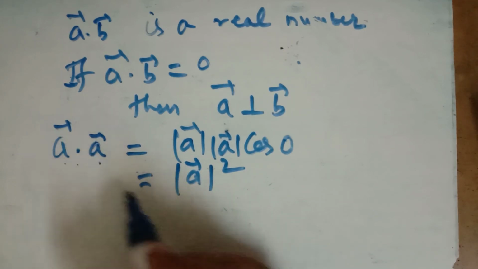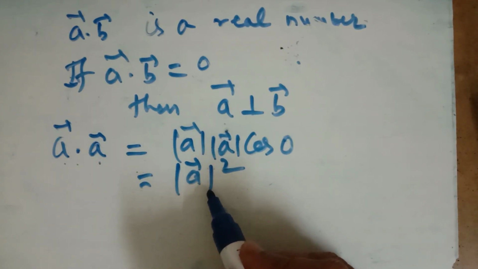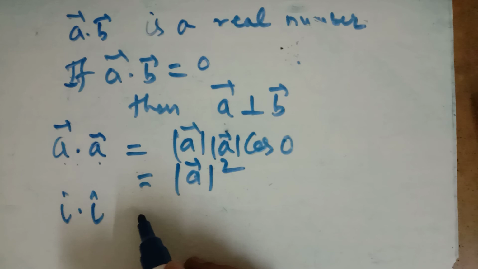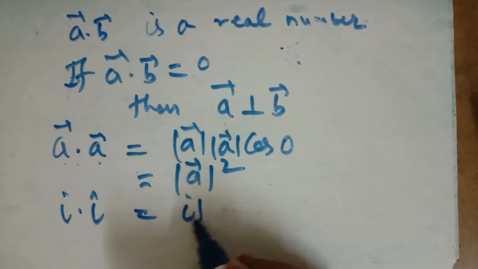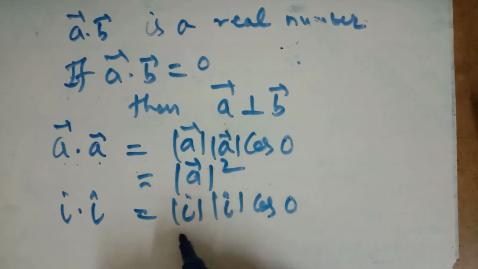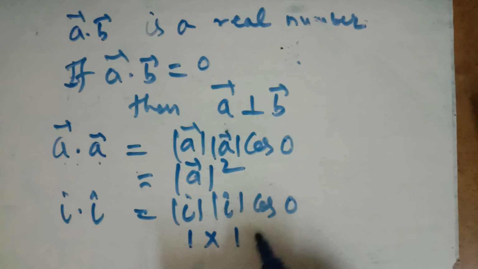Vector a dot vector a is equal to modulus of vector a square. Now if I find i dot i, the dot product of the same unit vector, it will be modulus of i times modulus of i, and the angle between them is 0. The modulus of each unit vector is 1, so it is equal to 1.